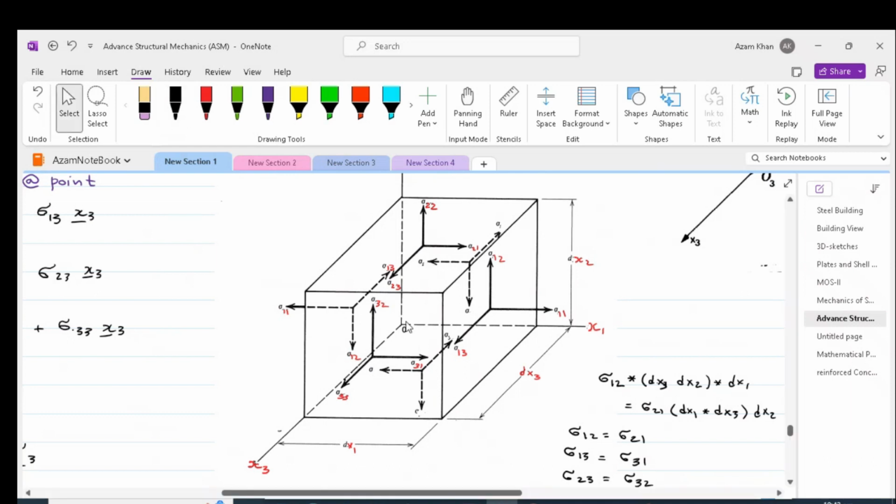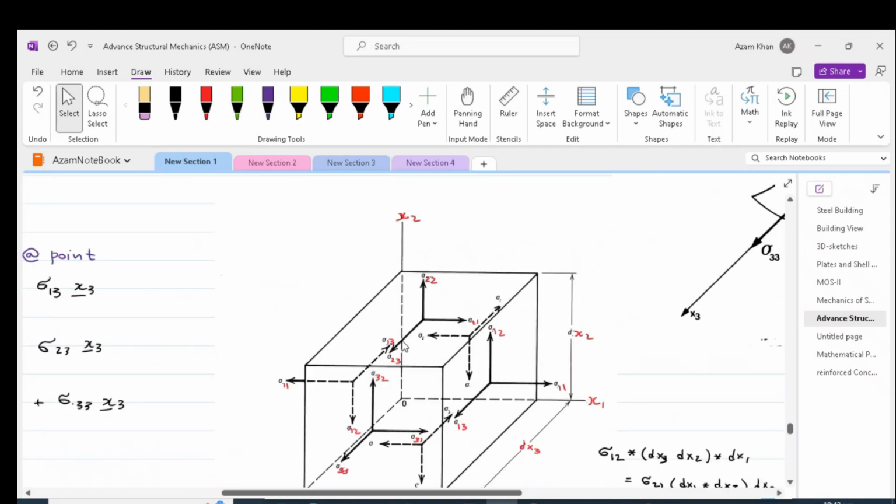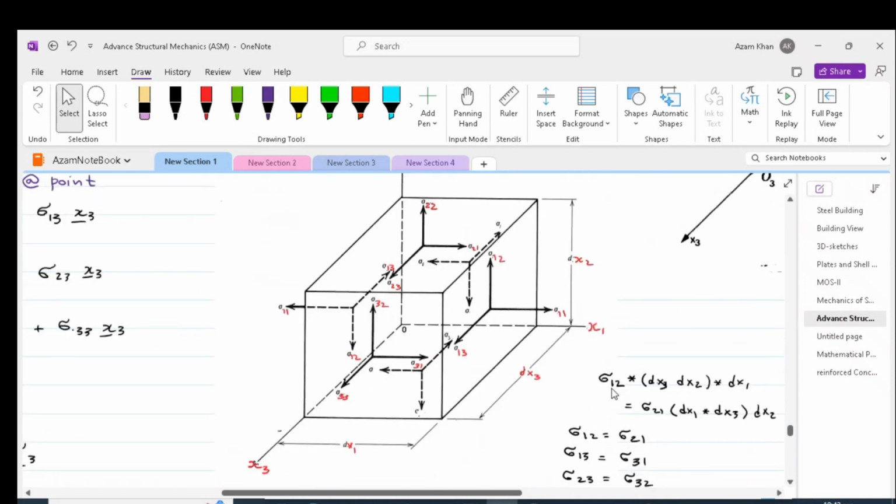From this free body diagram, if we take moment about the x3 axis, we will get sigma 12 times the area of the face that is normal to x1 axis times the lever arm dx1 must be equal to sigma 21 times dx1 times dx3 times the lever arm dx2. The summation of moment about x3 will result in sigma 12 equal to sigma 21.